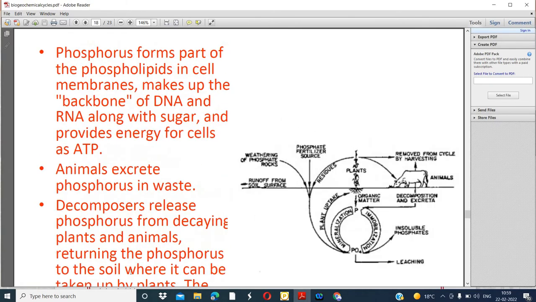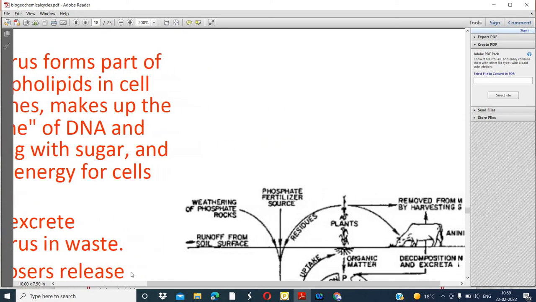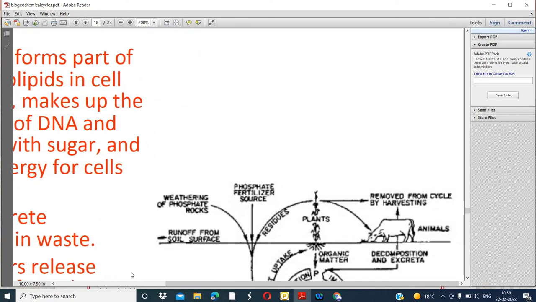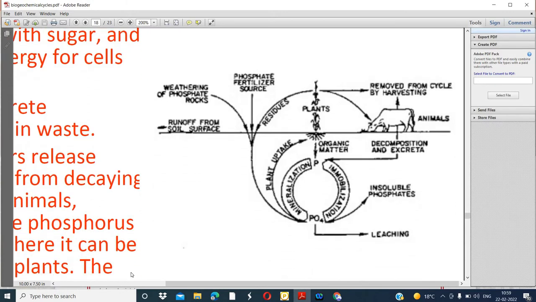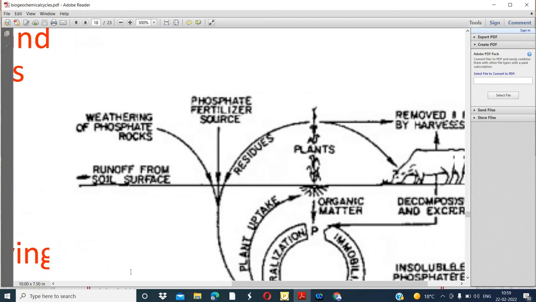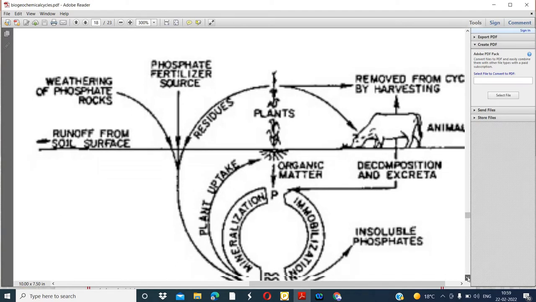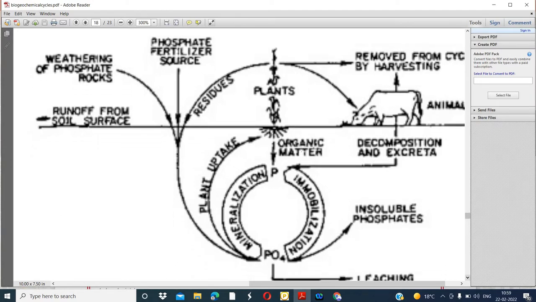In the figure we can see that this explains the recycling process, how recycling and cycling is done.